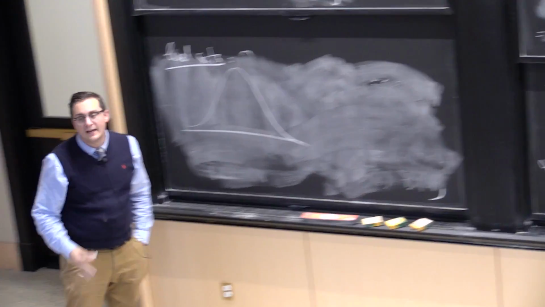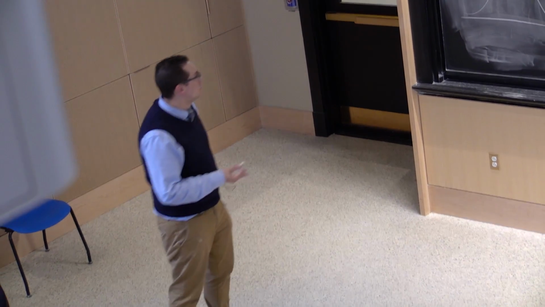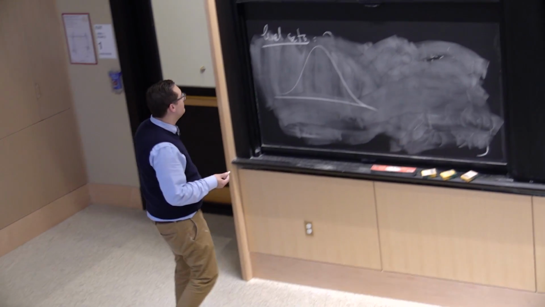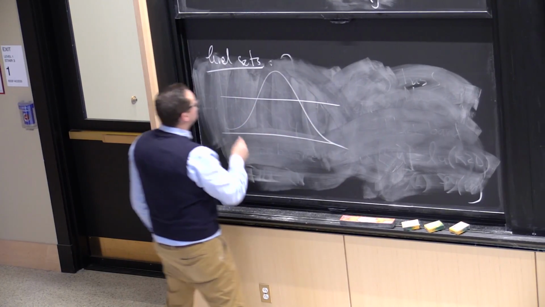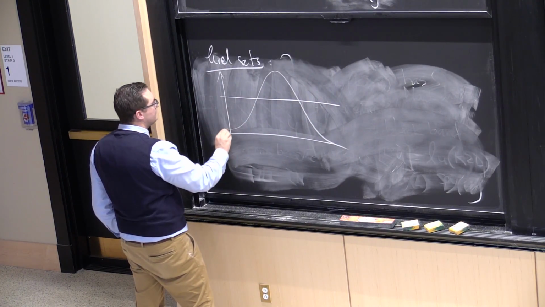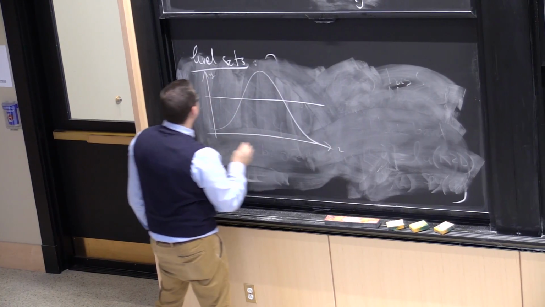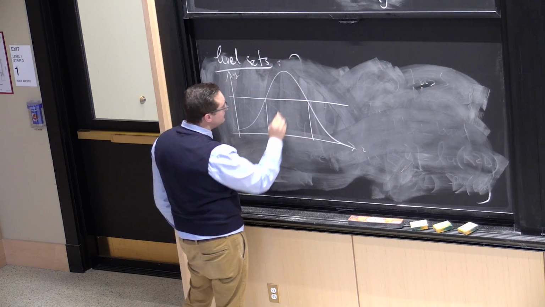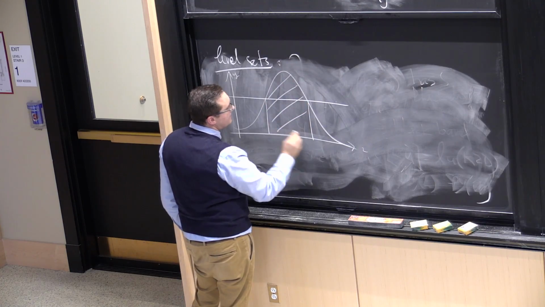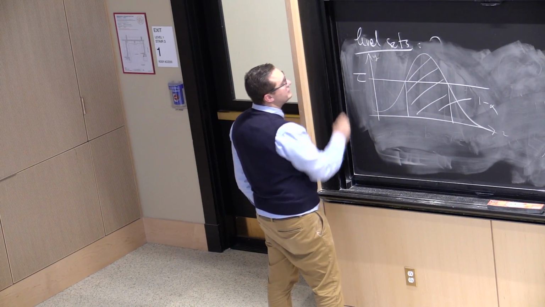If I have a Gaussian distribution, my posterior is going to be Gaussian. What I can do is cut it here on the y-axis, so that the area under the curve, when I cut here, is 1 minus alpha. Okay, so I have some threshold tau.